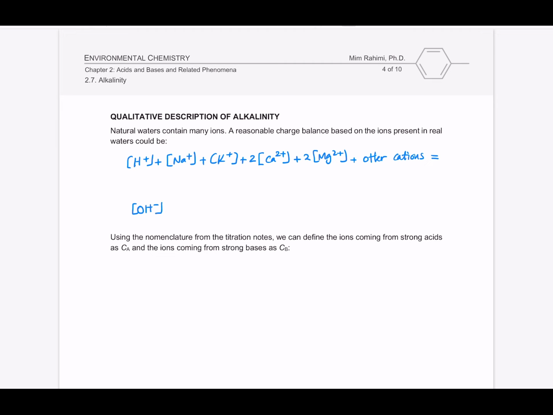So hydroxide, then Cl minus, sulfate, plus all the bicarbonate and carbonate, plus other anions.